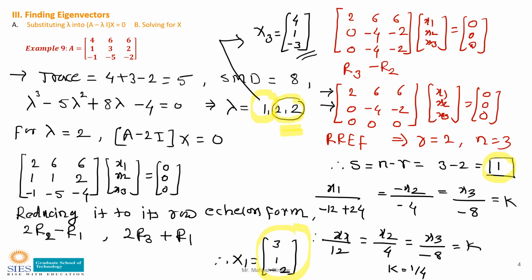So this is the main difference, all of you remember. If an eigenvalue is repeated, then we have to reduce to row echelon form, and we have to decide the number of eigenvectors from the difference n minus r, that is equal to s. All of you note down, these two are very important examples from the exam point of view. Thank you very much.